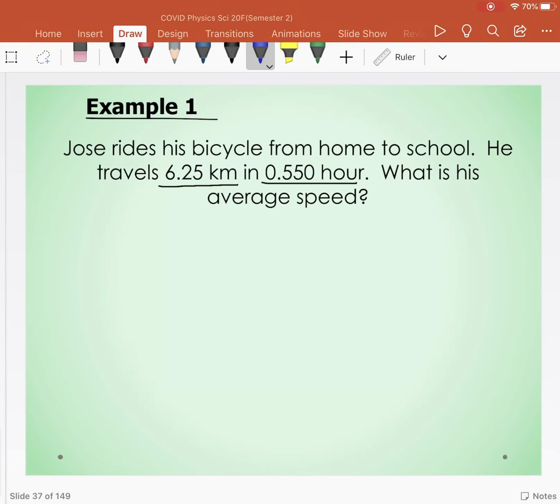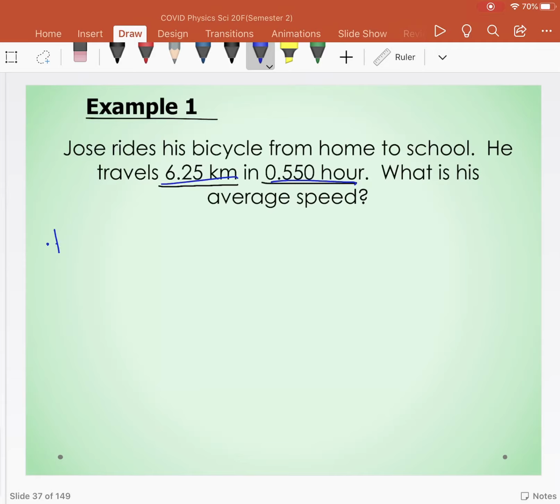Okay, let's just get straight into examples on how we calculate this. So Jose rides his bicycle from home to school. He travels 6.25 kilometers in 0.55 hours. What is his average speed? All right, when we're doing calculations, it's important that you show all of your work and that you follow a general format. So it's always a good habit to first write any of the information you know or you need to know.